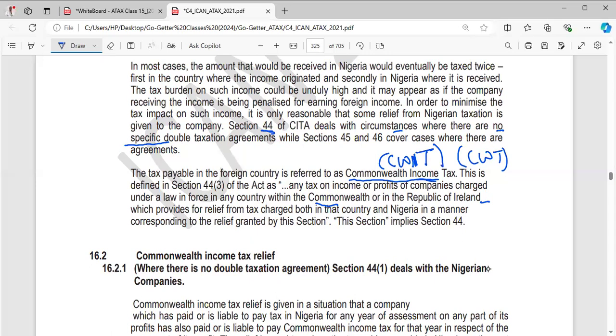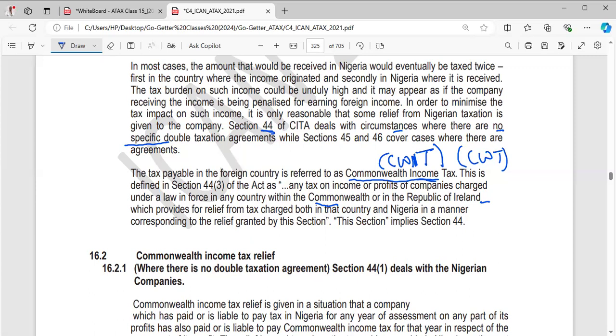So it means that section 44 is telling us that there is a reciprocal taxing arrangement between Nigeria and any Commonwealth country, or between Nigeria and the Republic of Ireland.